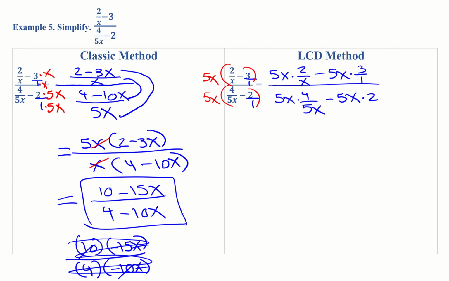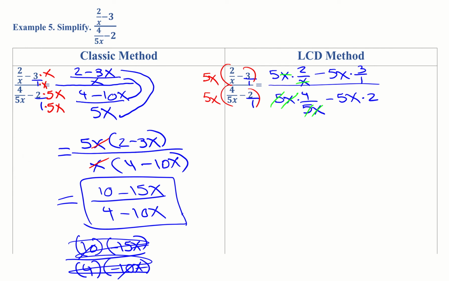Okay, so now we'll see how much canceling we can do. On the first term we can cancel out the x's. In the next one, we don't need to cancel anything, there are no common factors on top and bottom. Here we can get rid of the 5 and the x. So the 5 cancels 5, x cancels x, and that's all the cancellation that's possible.